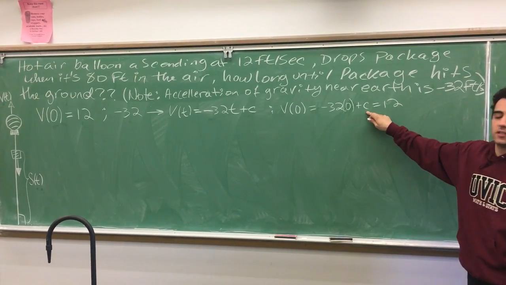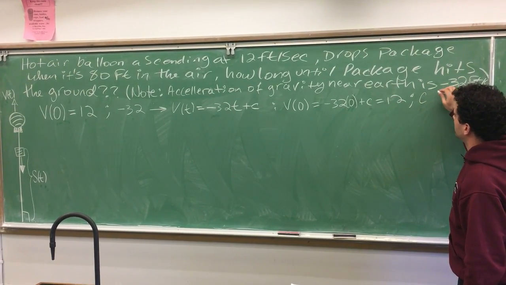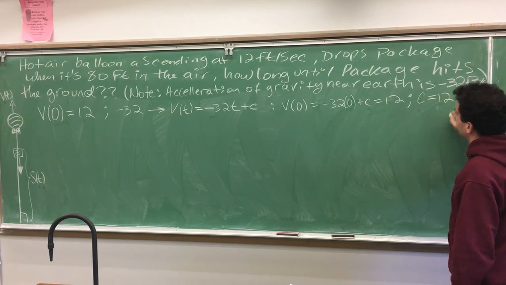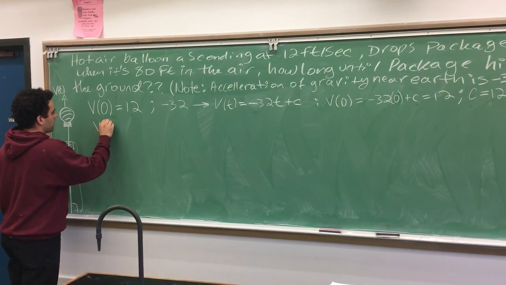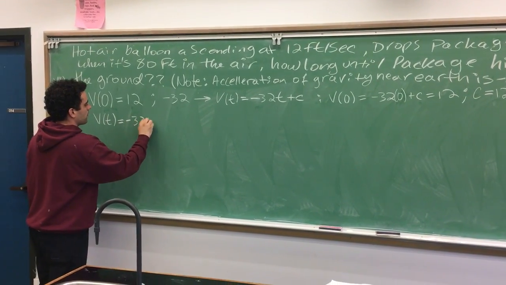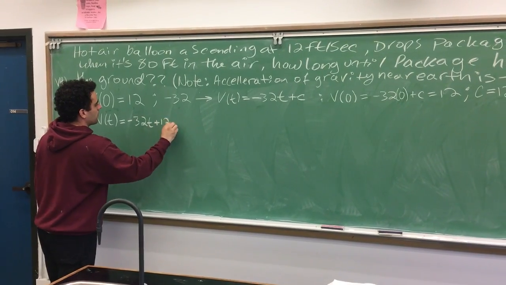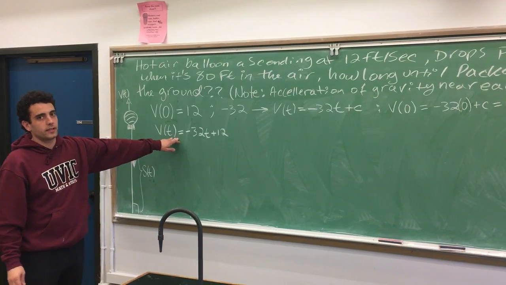Now, solving for c, it's pretty obvious that c is going to equal 12. So now we know that this is our equation for velocity.